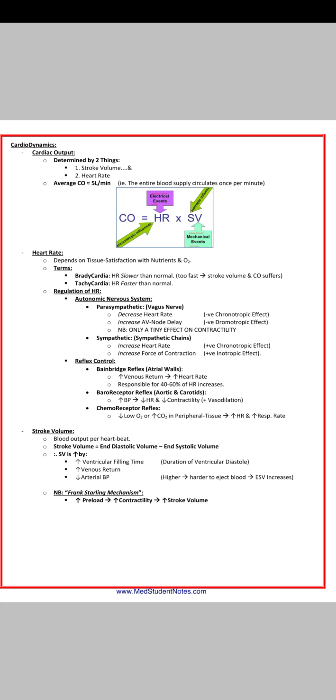There is increased pressure in the atrial, so the blood pressure is higher, which makes it harder to eject the blood. So when there is an increase in end systolic volume, there is a decrease in stroke volume, because the blood is harder to eject.